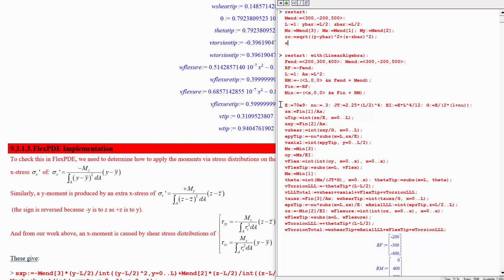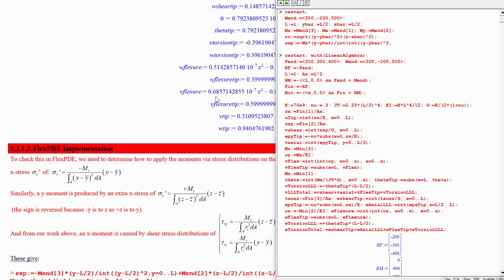Now we can say Sx prime, the stress distribution to add, would be equal to negative MZ times y minus y bar over the integral of y minus y bar squared over the cross section. How do we do this integral?